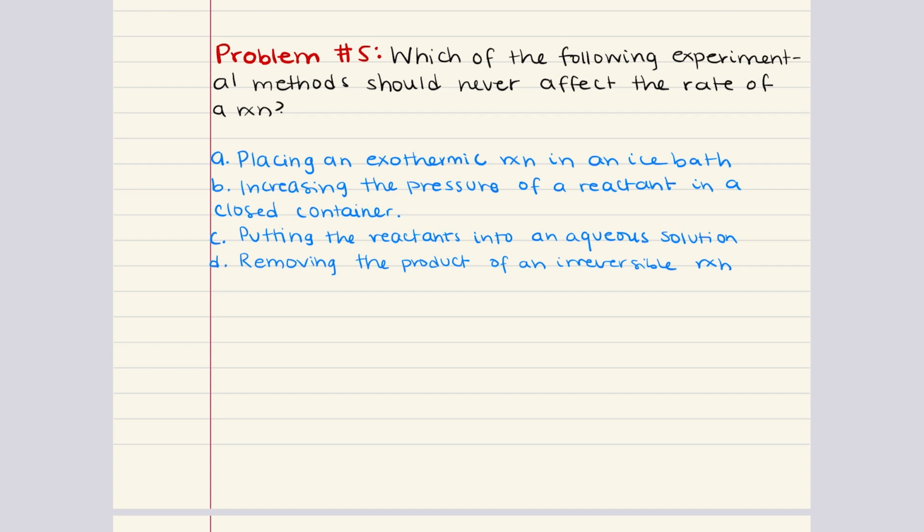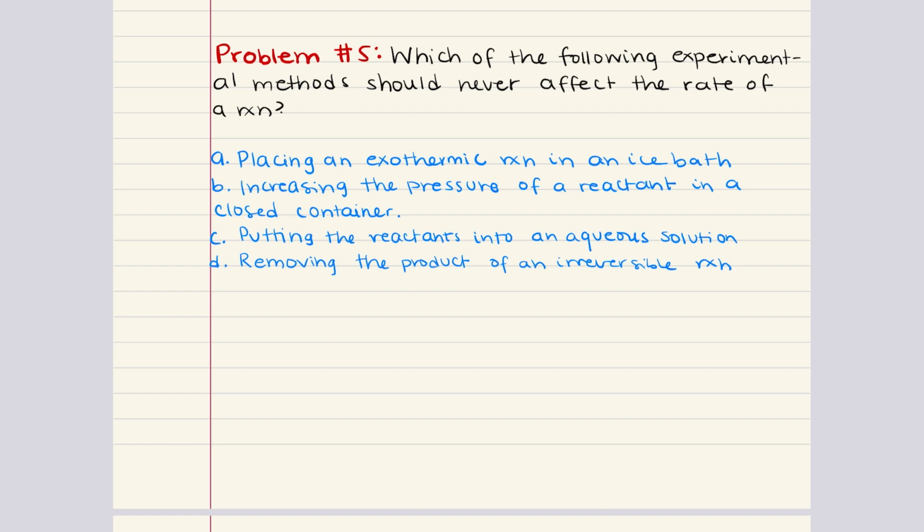A says placing an exothermic reaction in an ice bath. If we place a reaction in an ice bath, this is going to decrease the temperature. For an exothermic reaction, lowering the temperature will generally decrease the reaction rate because now the reactants have less kinetic energy. And you can think about this again for exothermic and endothermic reactions.